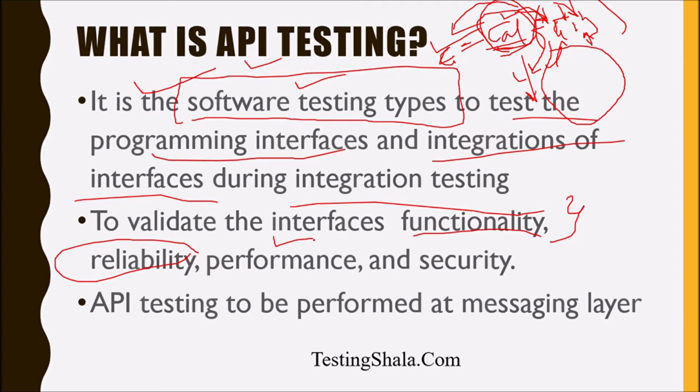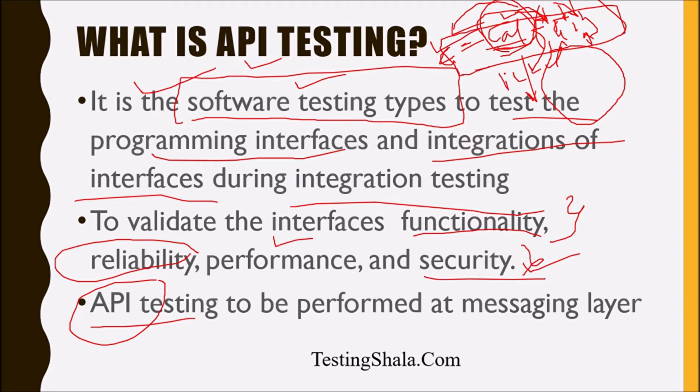And security aspects also: you should validate whether all the aspects of security have been taken care of as part of the API testing. When you're testing this cal function, you have to test it in terms of the programming only.